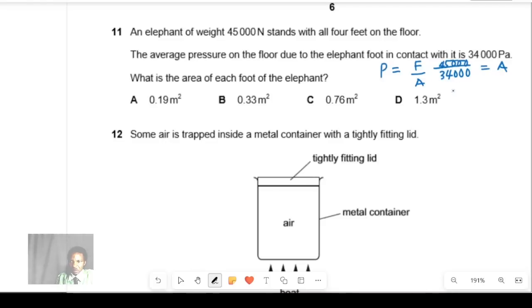The total area for the 4 feet is going to be 1.323 meter squared. But you remember that the elephant has 4 feet. So what we'll do is divide this value by 4, and that will give 0.33 meter squared. So that is the answer there.